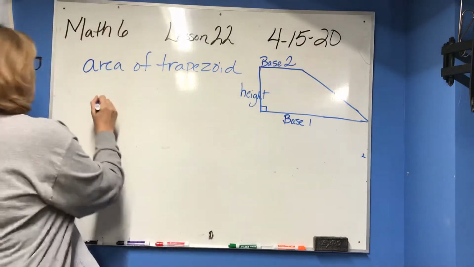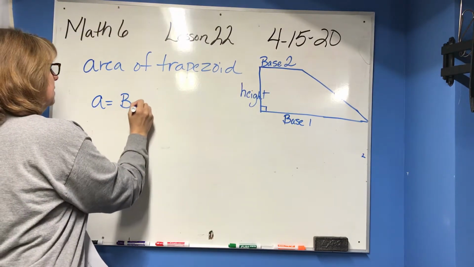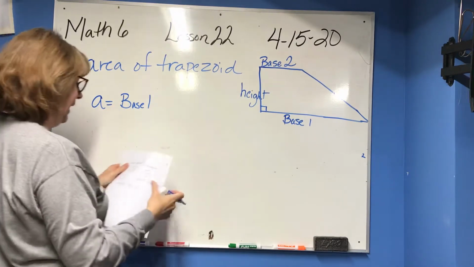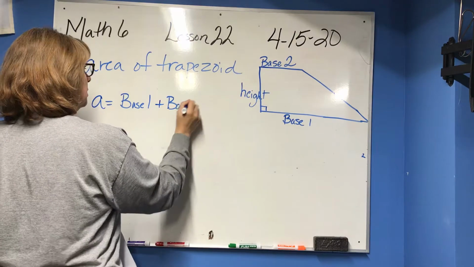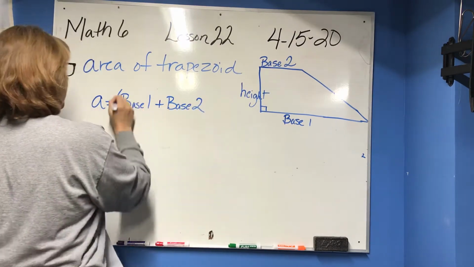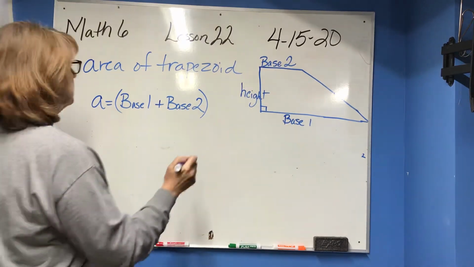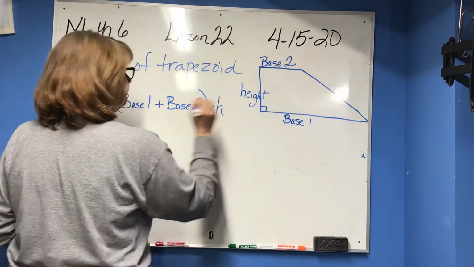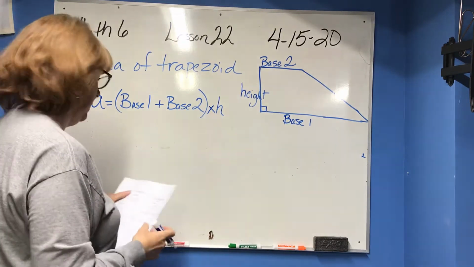Are you ready? Area equals, we're going to take base 1, and we're going to add it to base 2. Okay, we're going to add those together first, and then we're going to multiply them by the height.